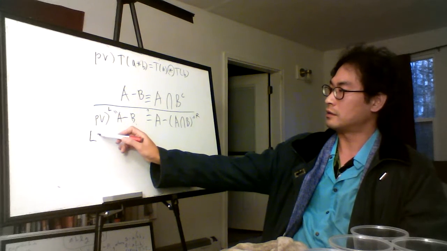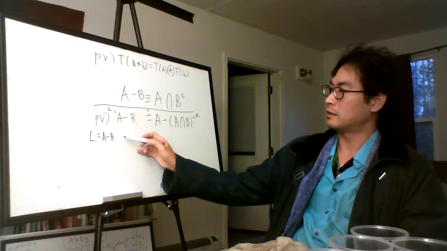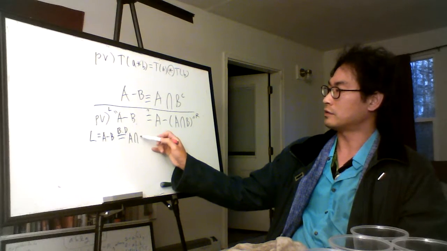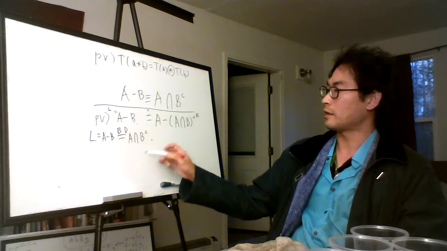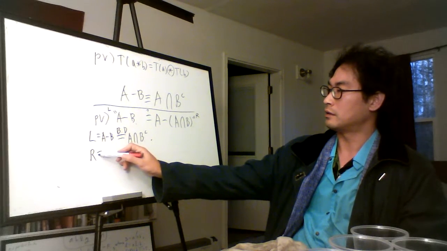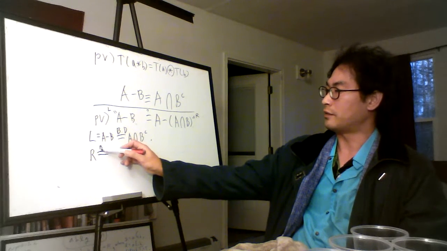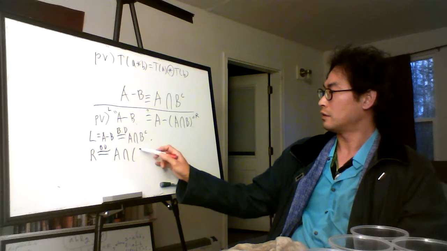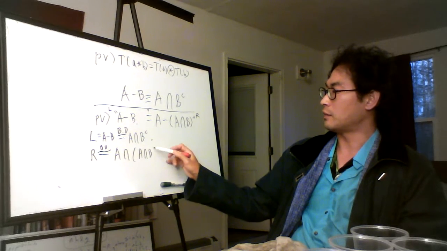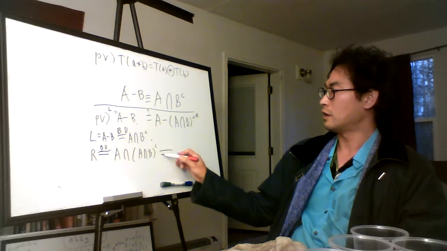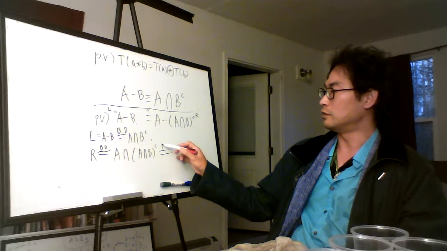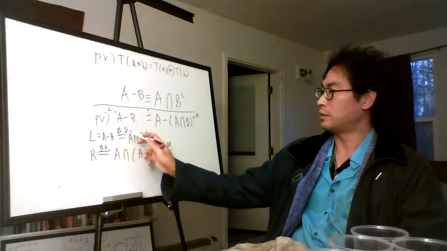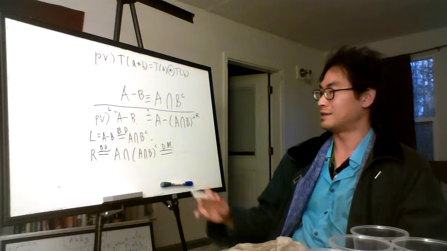Left-hand side, by definition, is A intersection B complement. Right-hand side, by definition, is A minus A intersection B. By definition, okay, BD means by definition.